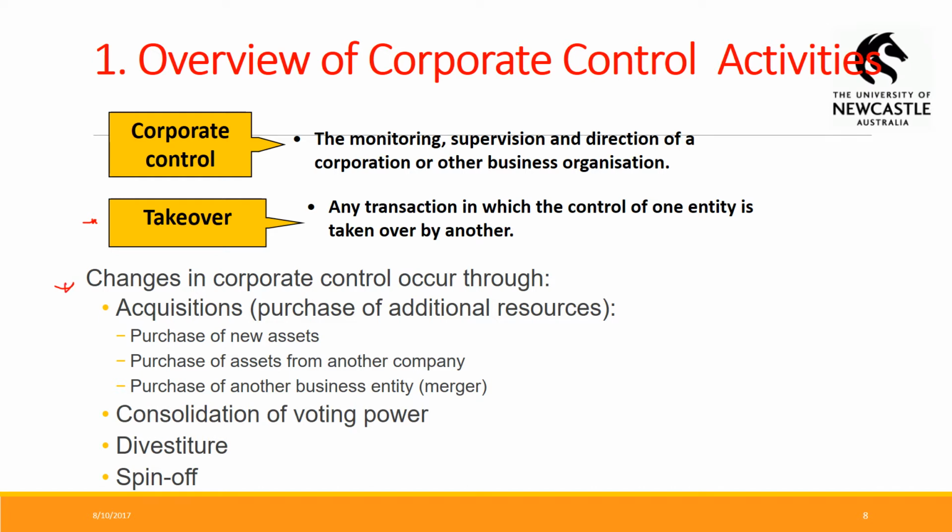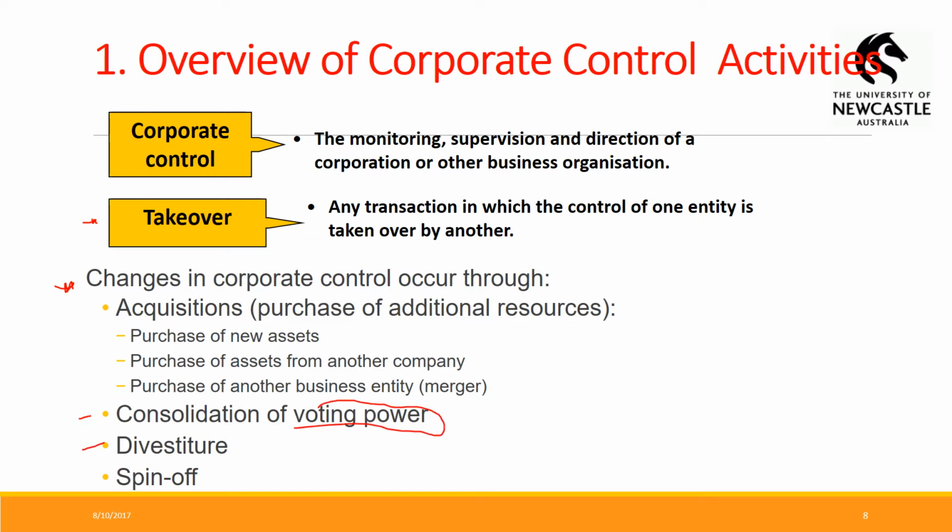Besides takeovers or acquisitions, we have other forms of corporate control as well. For example, consolidation of voting power: a big shareholder buys up the shares of the little shareholders and becomes the majority shareholder, so their voting would be the most powerful.